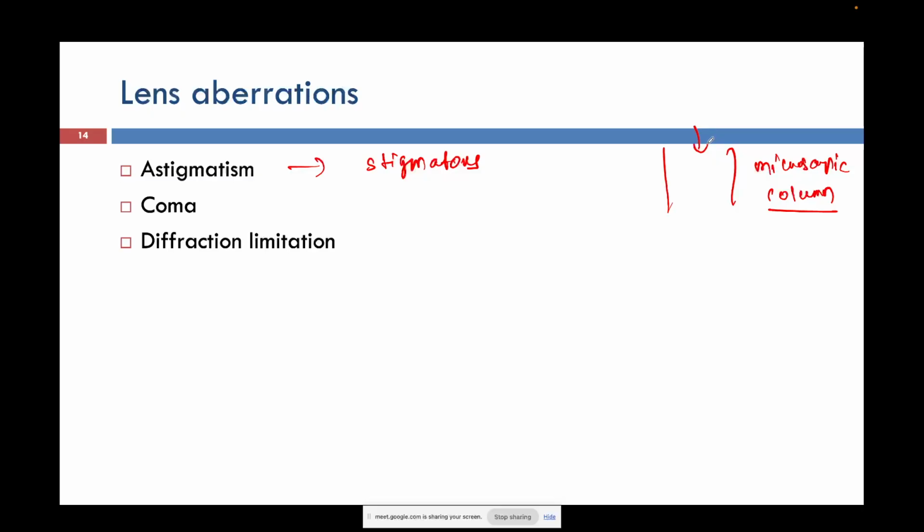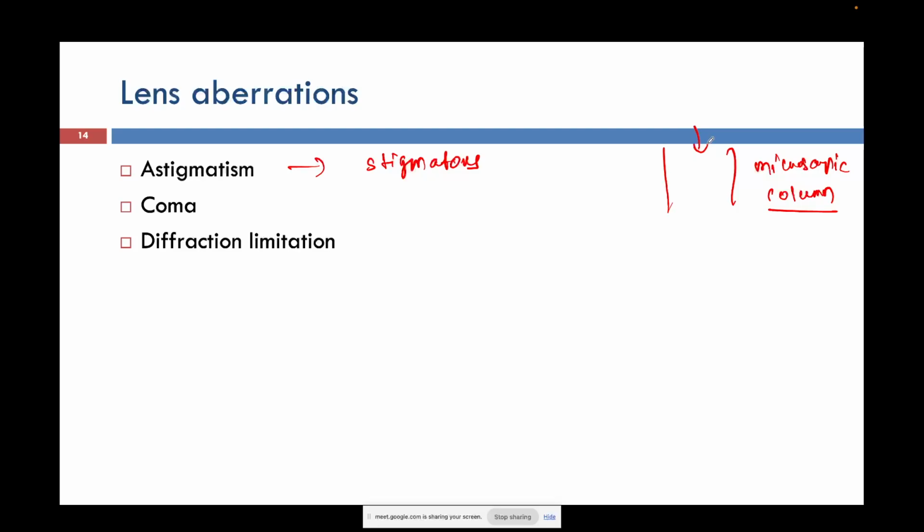Off-axis electrons means, if you remember, the sagittal plane and tangential plane, which are focused by the glass lenses in optics at different points. So here also those kinds of different refraction are there, due to which astigmatism and coma come.